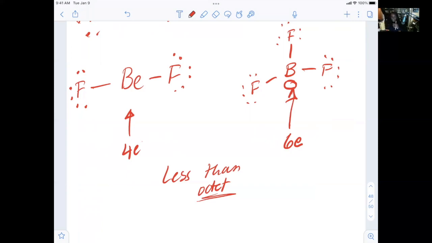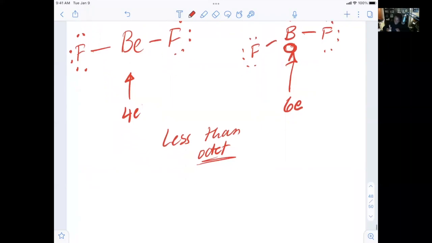So later on in the majors class in 1412, scientists are able to get this boron to accept that fourth bond. Because scientists like to do things like that. It's like, we know you're able to do this, so we're going to push you until you do what we believe you're capable of doing. Yeah. In the majors class, we talk about that, okay? But these molecules form less than octets.